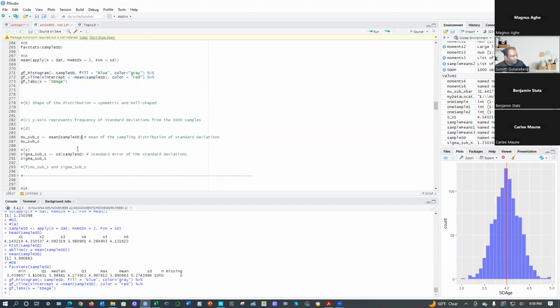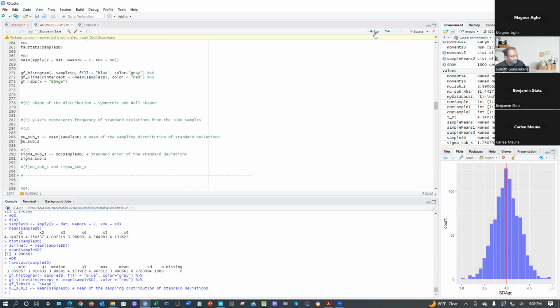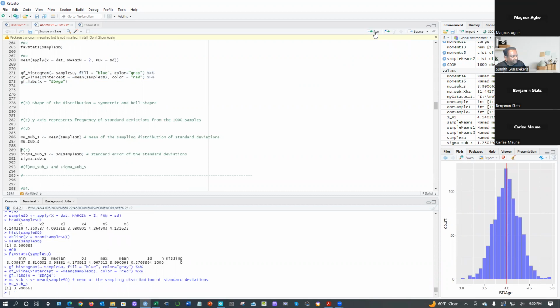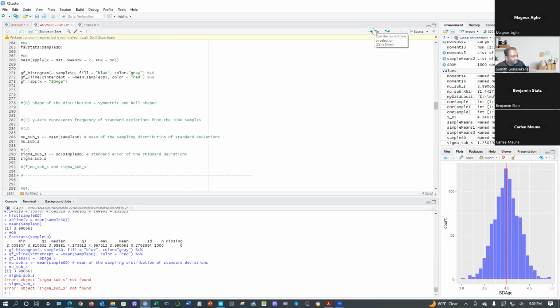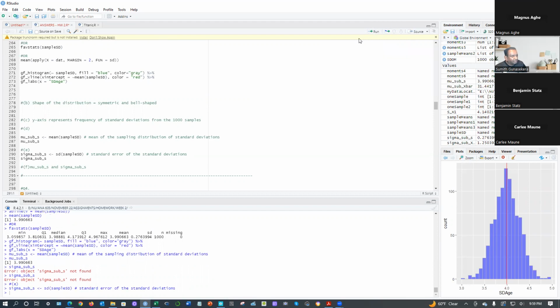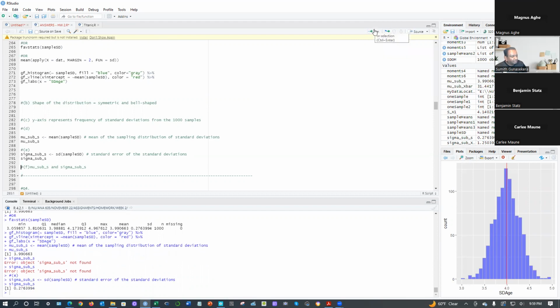The same way, you get the mean of the sample standard deviations, mu sub S. Same thing, 3.99.